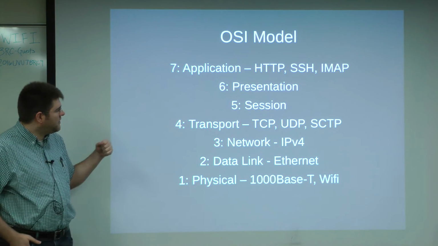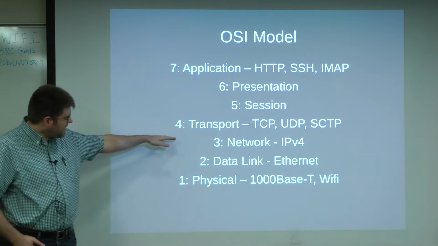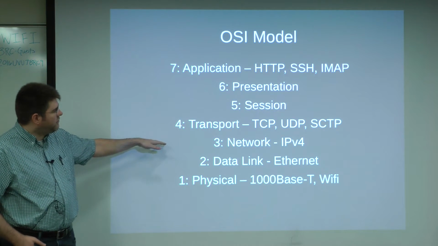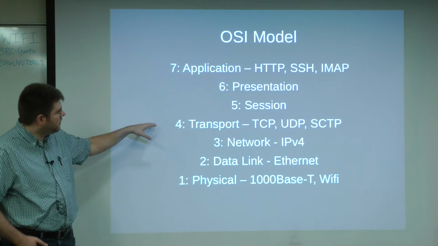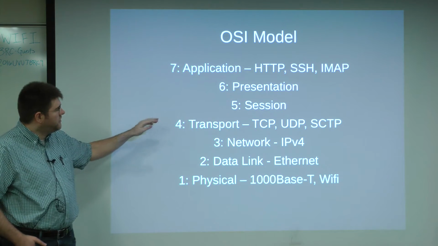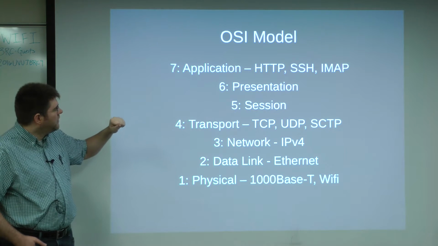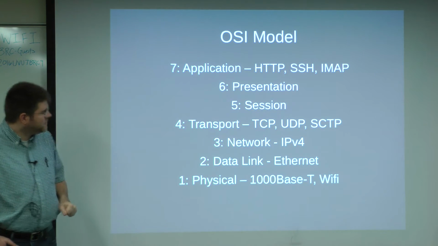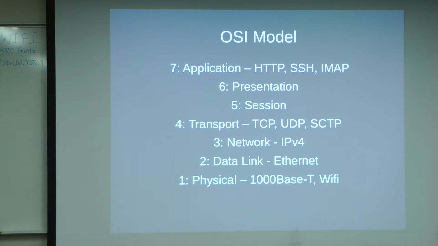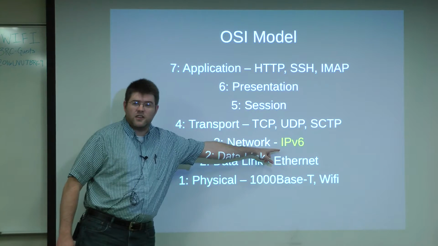Above that you have your data link layer with Ethernet, and then here's the network layer with IPv4. And then above it we have our transport protocols such as TCP, UDP, SCTP, and then everything else above. We're not going to care about that. The way that it changes with IPv6 is we just change this in here.